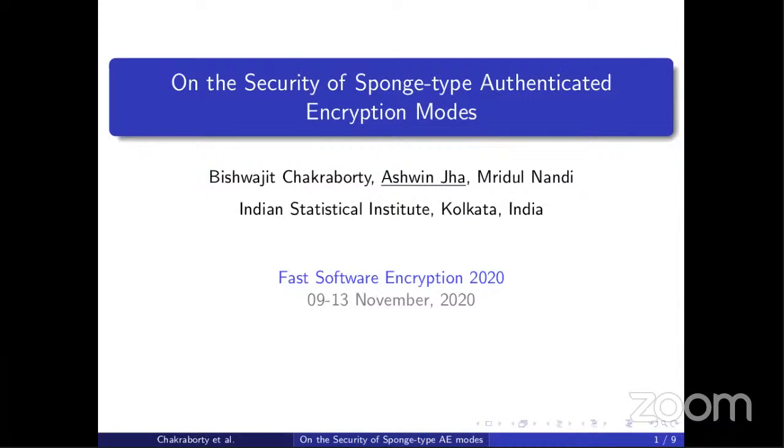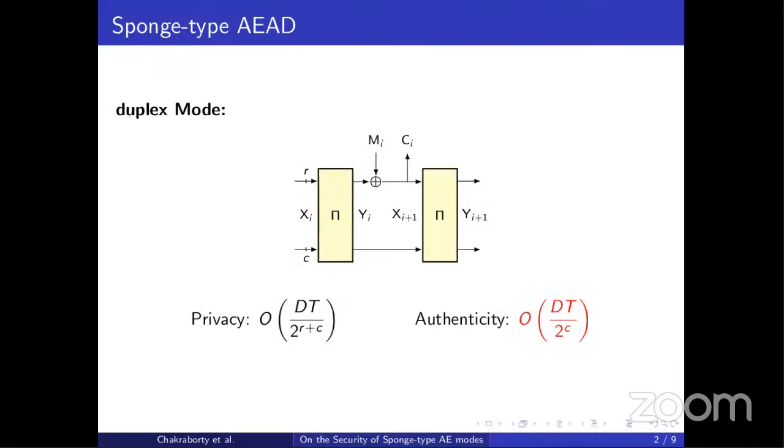So this is Ashwin, and the title of my talk is on the security of sponge-type authenticated encryption modes. The most popular AE in this category is the duplex mode, which is something like this.